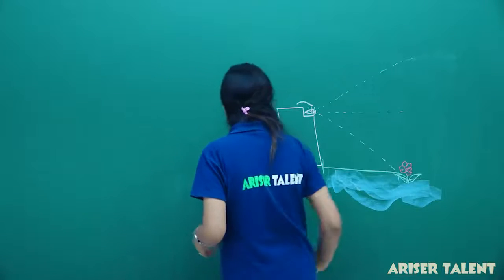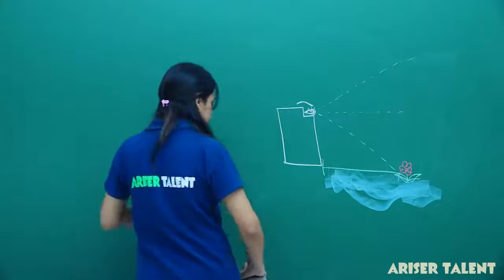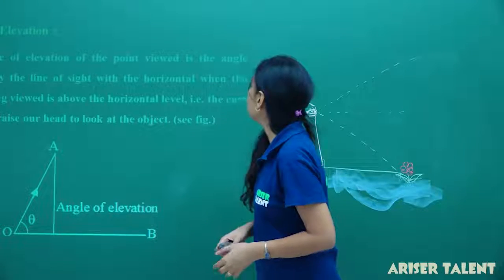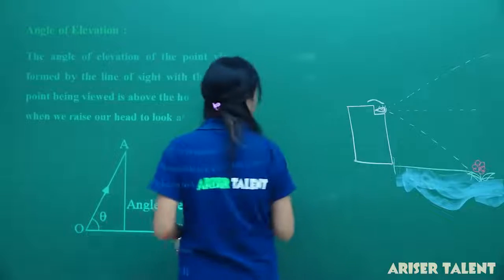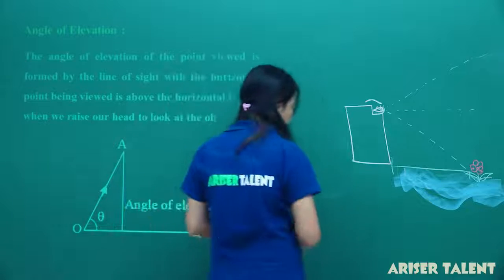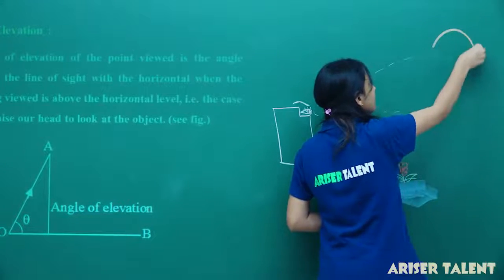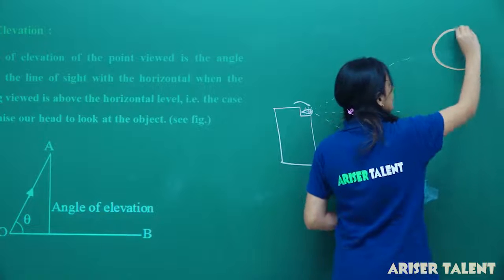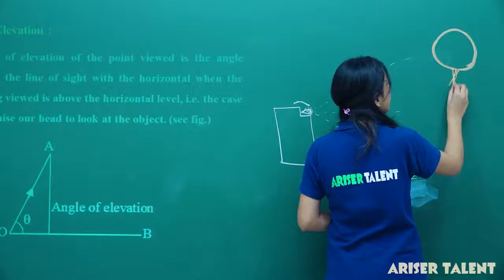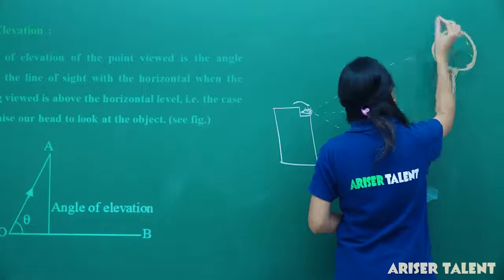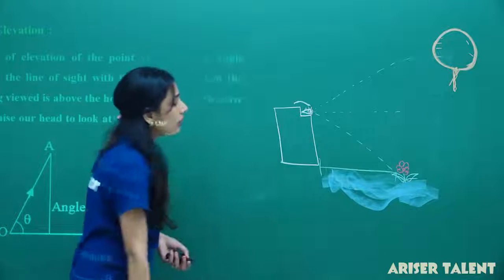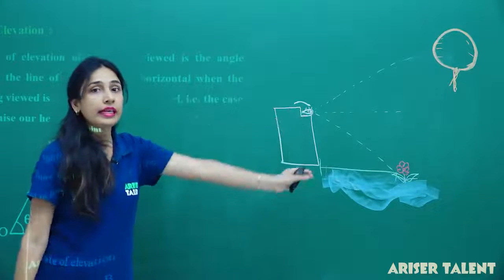Now I'll be telling you what these angles are called. So the first is the angle of elevation. Now do one thing, I'm making something here. I'm making a hot air balloon here. This is a balloon, and you are sighting it from here, and there is a flower, and you are sighting it from there.